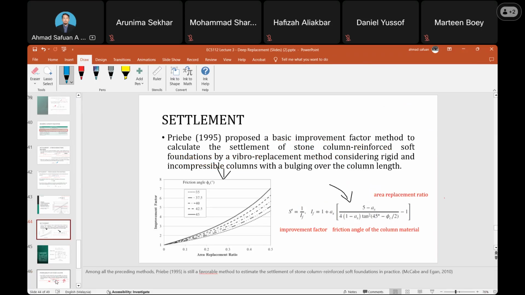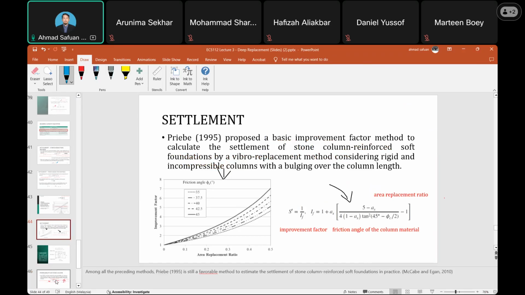Priebe proposed a basic improvement factor method to calculate settlement of stone column reinforced soft foundation by a vibro replacement method, considering a rigid and incompressible column with a bulging over the column length.